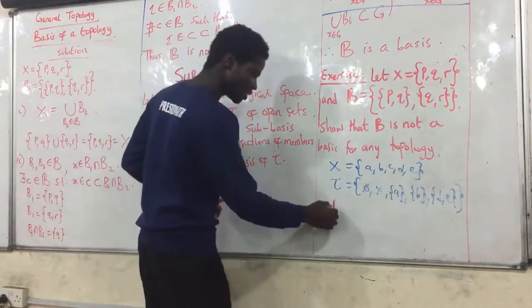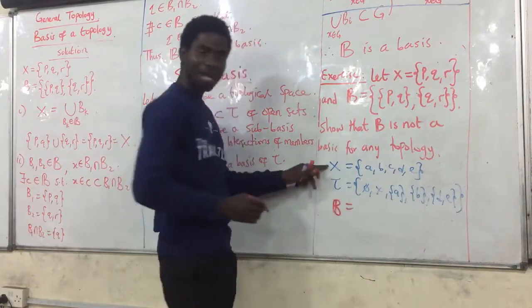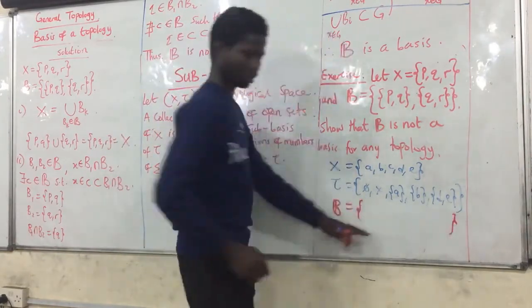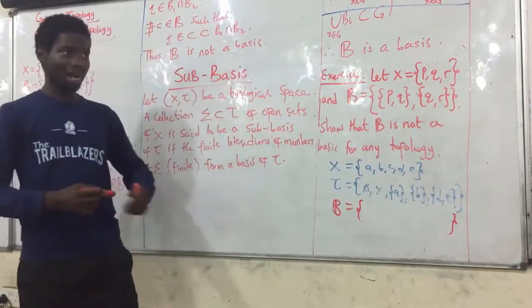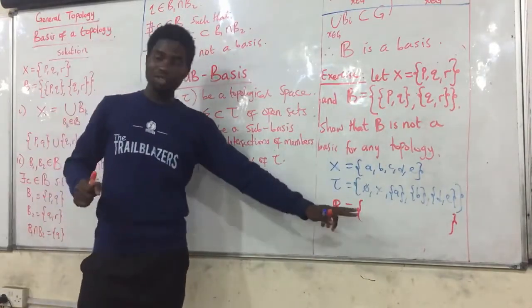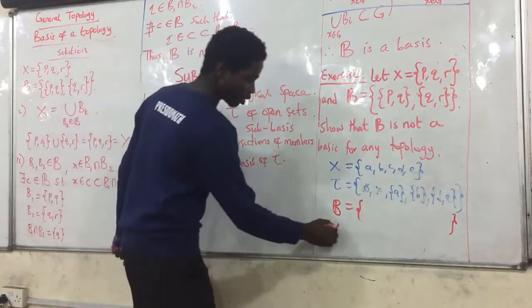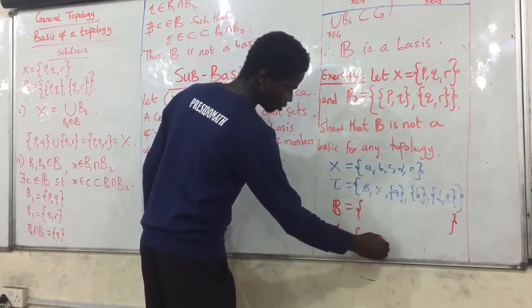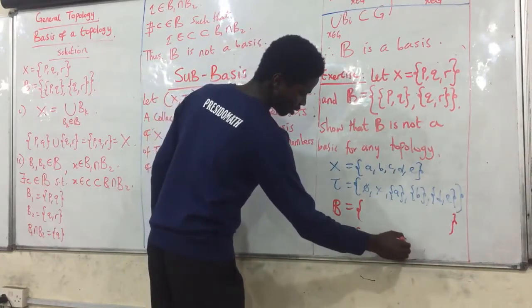You now have a basis. There will be a basis for this topology. You now have another collection called a sub-basis, maybe A1, A2, A3.